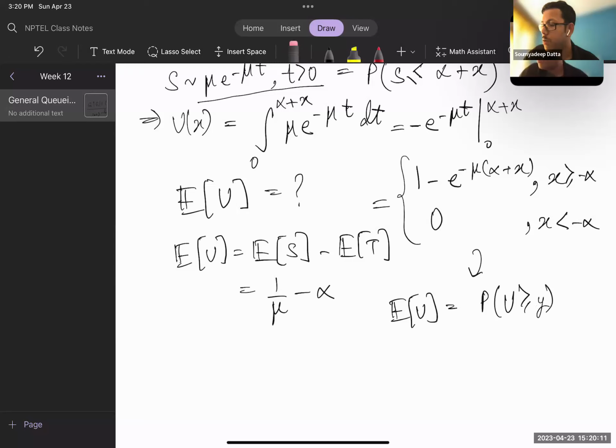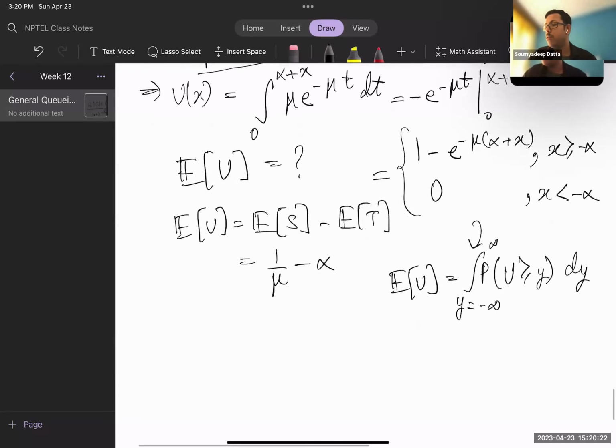Let's use y dy, y equal to 0 to infinity, or something like minus infinity to infinity. So this is the CCDF. This is one formula of expectation of u. If you are uncomfortable with this, you can simply go to the PDF of u.